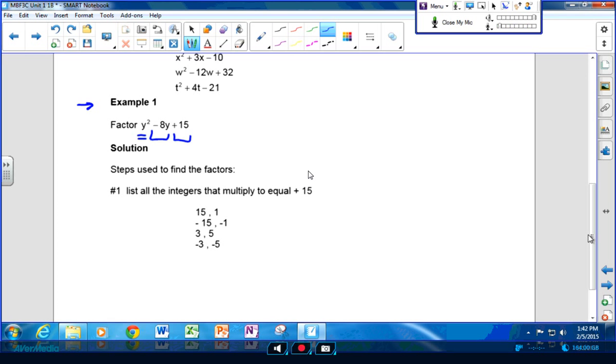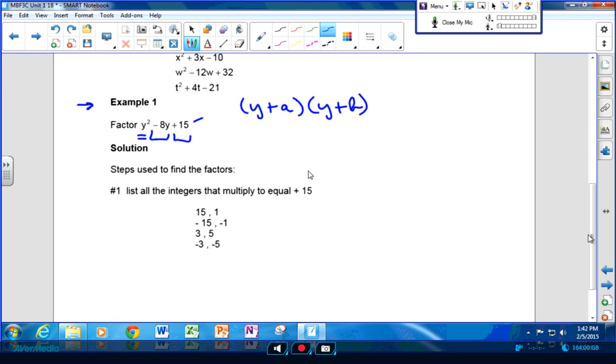Okay. We end up with the 15 if we have, in this case, y plus a and y plus b, okay, our a and our b give us the 15, and they give us the -8. Okay.